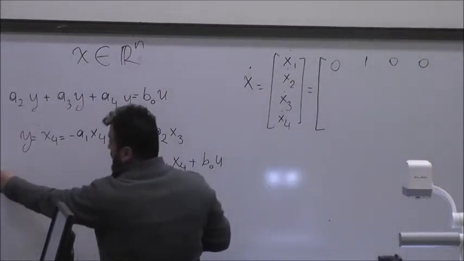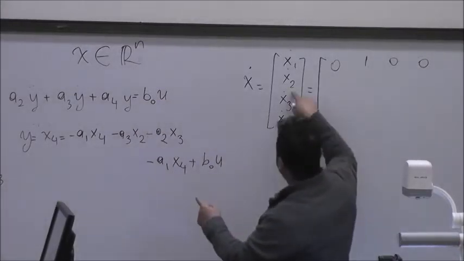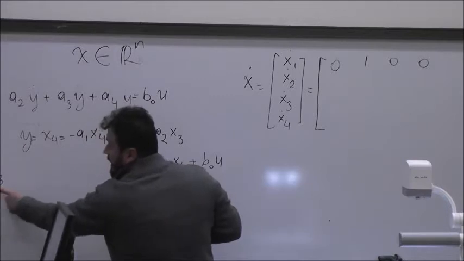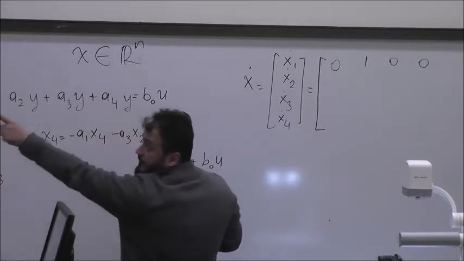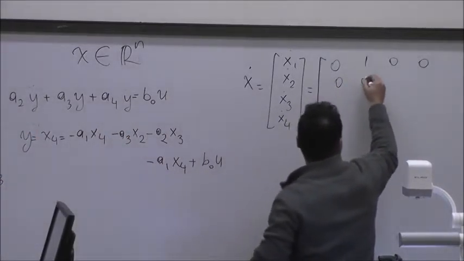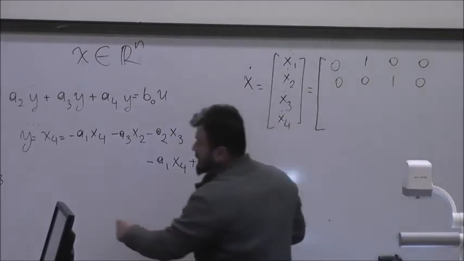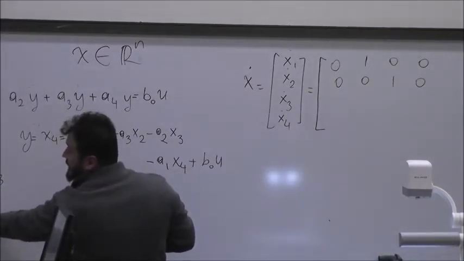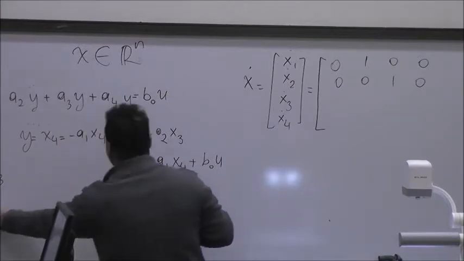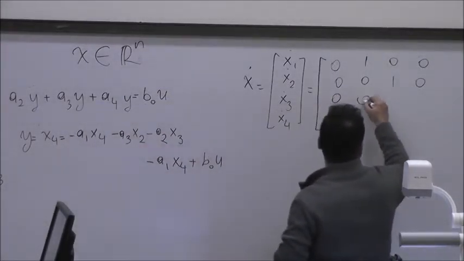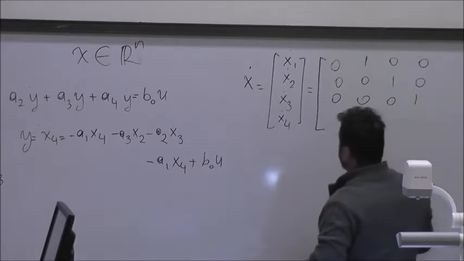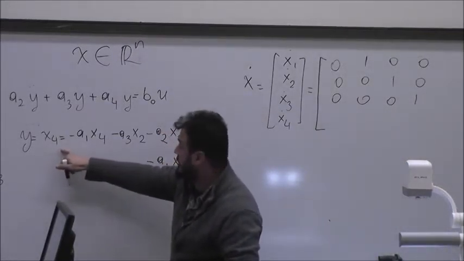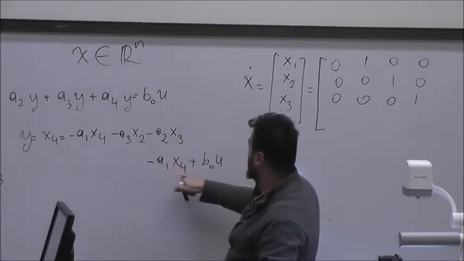The second row, for x2 dot, I'm looking at x2 dot. I have just x3, right? 0, 0, 1, 0. Then y2 dot, which is y3 dot, which is x3 dot, and I only have x4: 0, 0, 0, 1. And for the last one, x4 dot, I have just these, right?